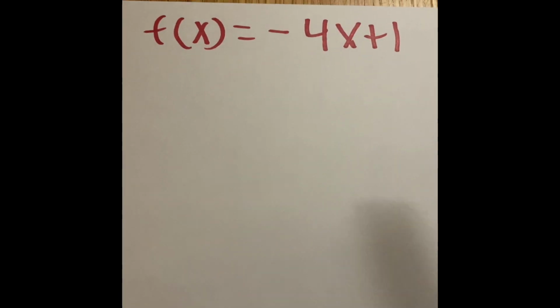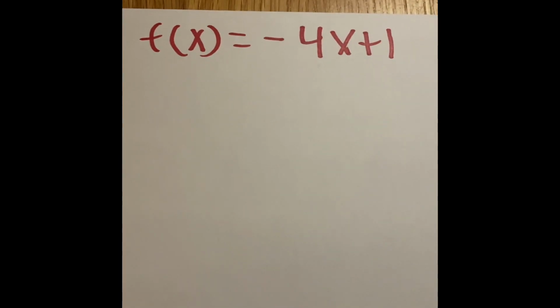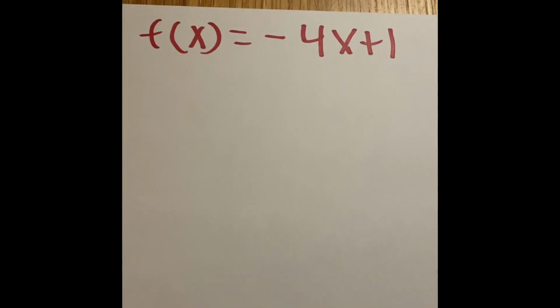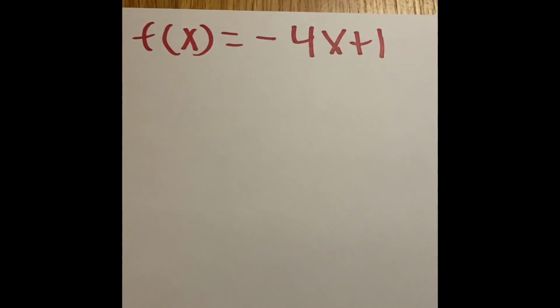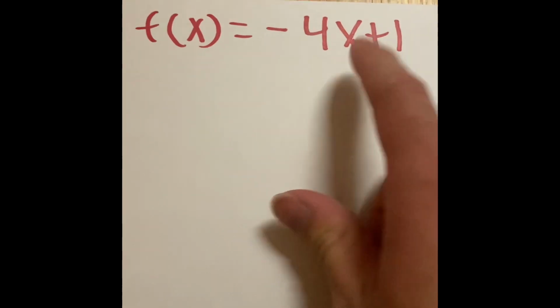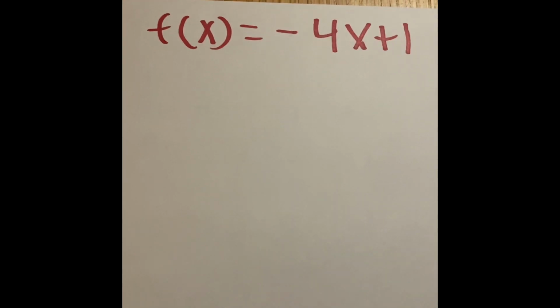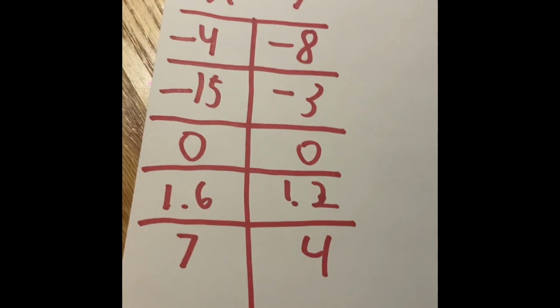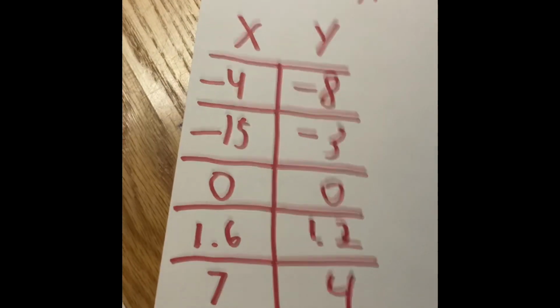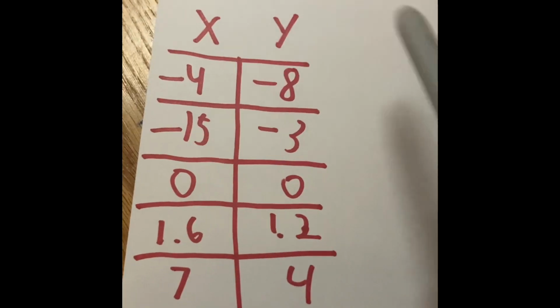This problem has f of x equals negative 4x plus 1. The first thing we have to do is understand what the inverse function is. You might think it's going to be positive 4x minus 1, but that is not actually what we're supposed to be doing. What we try to do is see what happens. In the last videos, we looked at this table, where f of x equals 2x.